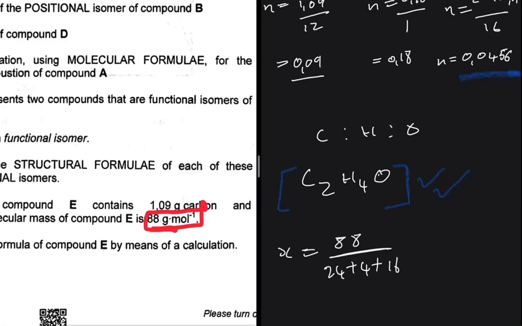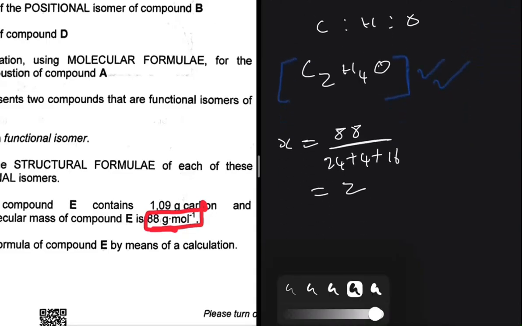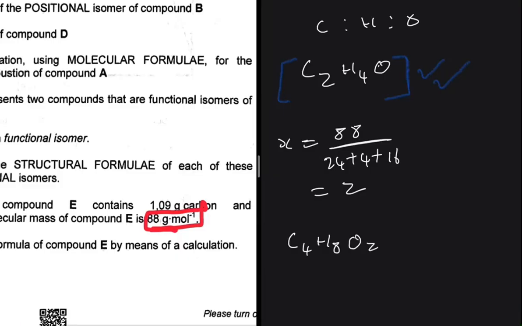So we have 88 divided by 24 plus 4 plus 16. That is equal to 2, right? So we know that we're supposed to multiply out by 2. If we do that, we're going to get C4H8O2, right? And now this is the molecular formula of compound E by means of the calculation.